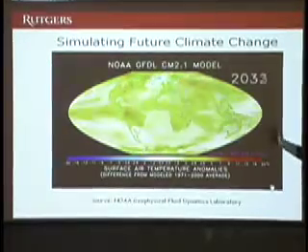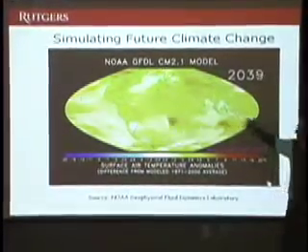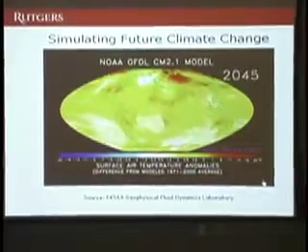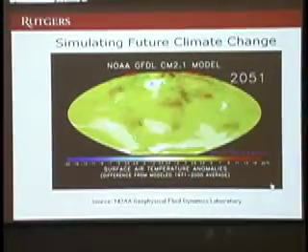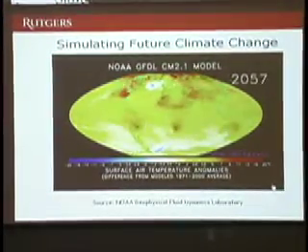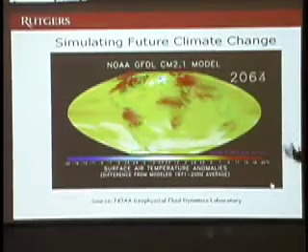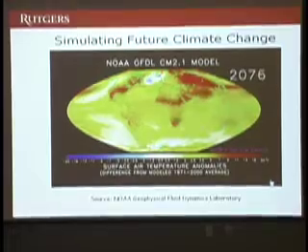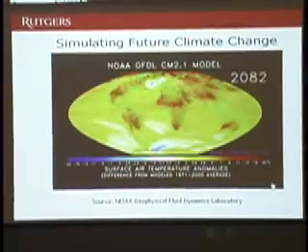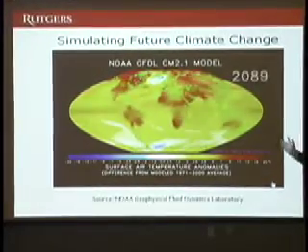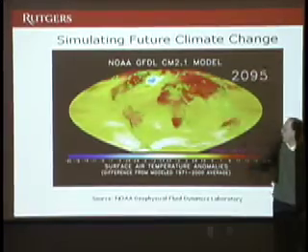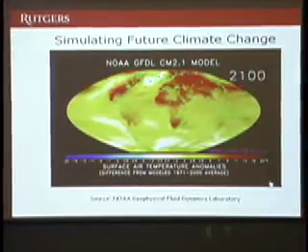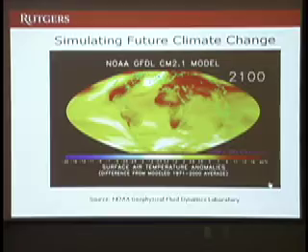But over time, we see this inexorable change where more and more of the map becomes yellow. More and more of the continents become red. Now, if you look over North America, you're not even seeing any white anymore, let alone blue. And so this is how we make projections of how the climate will change in the future, using the output of models such as these.